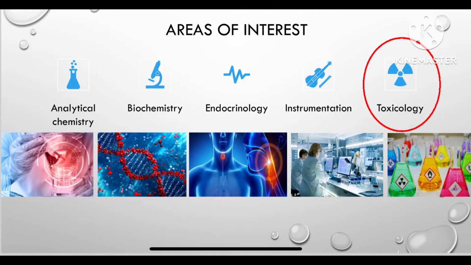And lastly, toxicology. This is a scientific discipline which overlaps with biology, chemistry, pharmacology, and even medicine that involves the study of the adverse effects of chemical substances on living organisms. It's also the practice of diagnosing and treating exposure to toxins and toxicants.